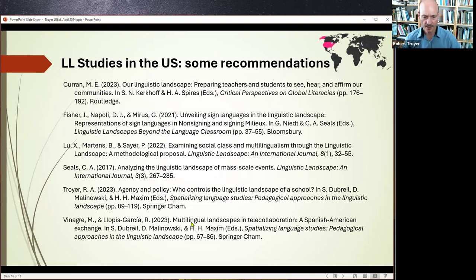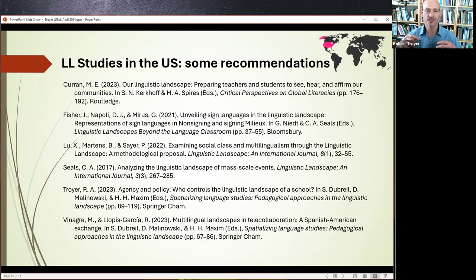And then last, multilingual landscapes and telecollaboration. I think this was a very useful kind of study. It's about two groups of university students, one in New York who are advanced students of Spanish, connected with a group of English learners in, I believe it was Madrid. I know it was in Spain.